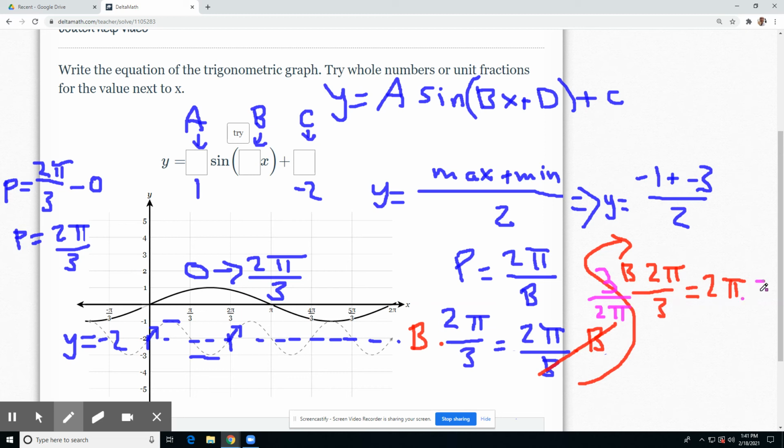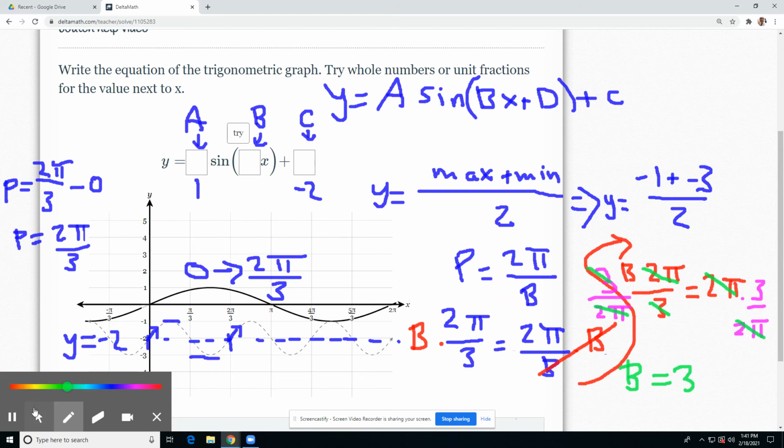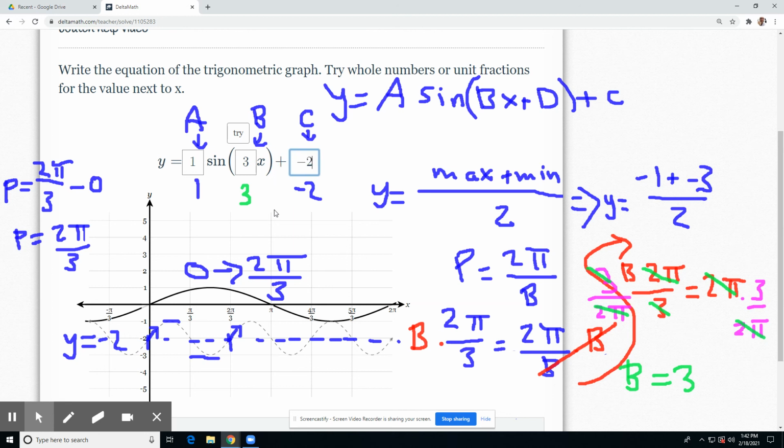Do that to both sides. So what does that do? 3 and the 3 cancel. 2 pi and 2 pi cancel. We're left with just B on the left equals 2 pi and 2 pi cancel, and we're left with just 3. So there's our final answer. We got 3 for B. So 1, 3, -2.